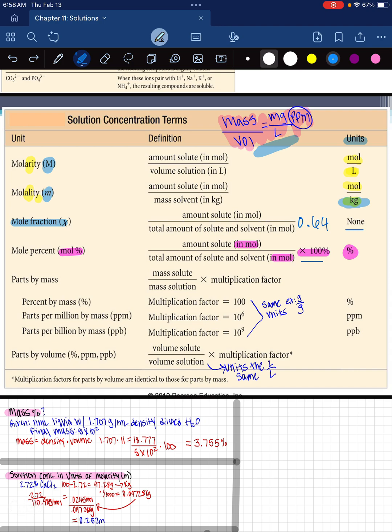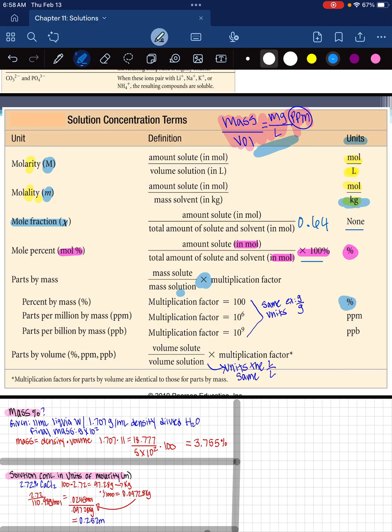Then we move down to your parts by mass. Parts by mass kind of is different with the units. Here we see percent again. So it's always going to be mass of solute over mass of solution, but what you multiply it by changes.